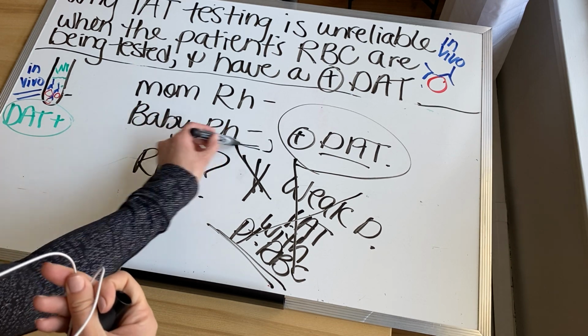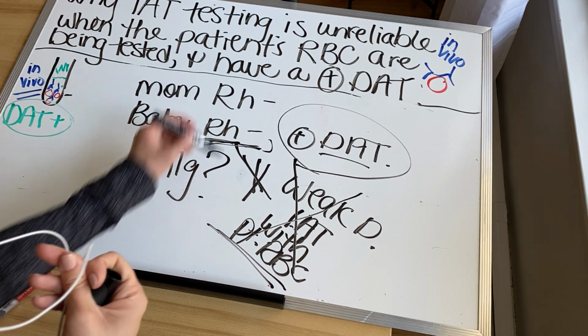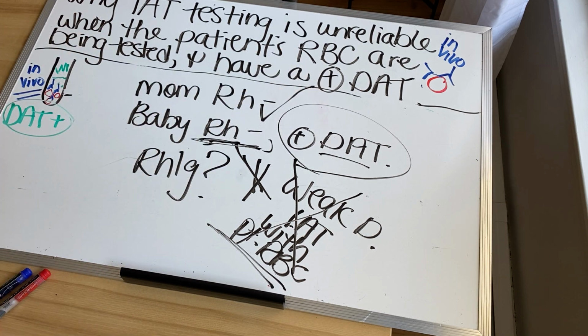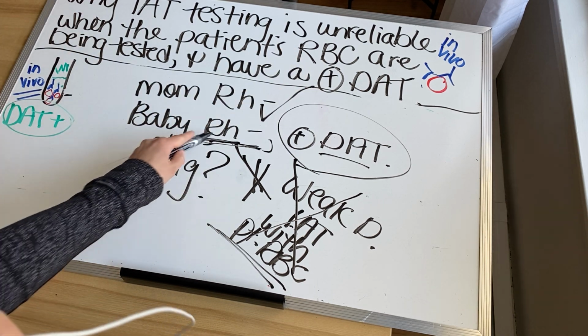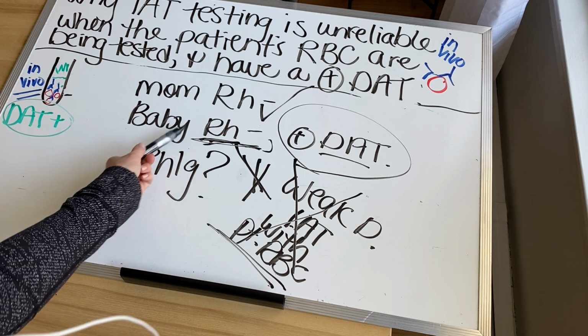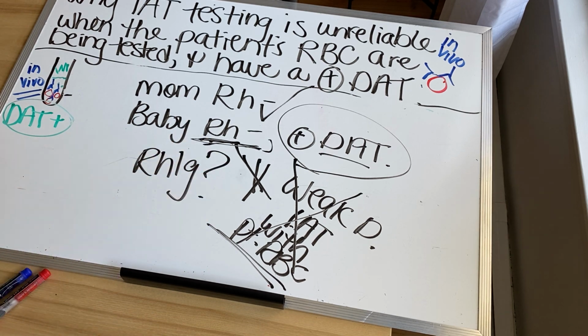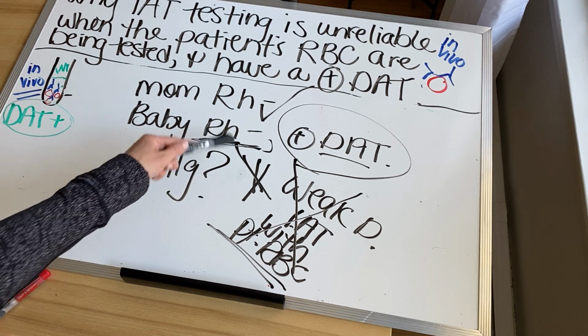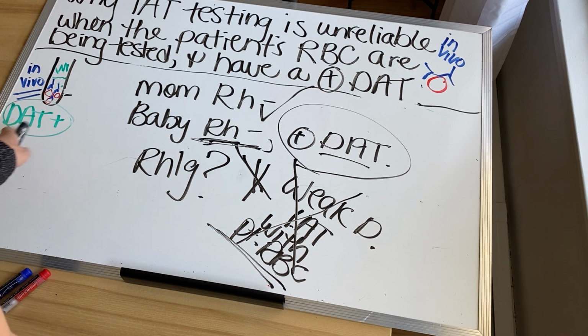So if we can't truly say that this baby's Rh negative, we have to give the mom RhoGAM to err on the side of caution, because we can't guarantee this result. And we can't actually do the test and give them the proper result. So we have to just treat them as if they were weak D positive, because it's safer than not giving the RhoGAM. Because what if there were little D antigens on the red cells?